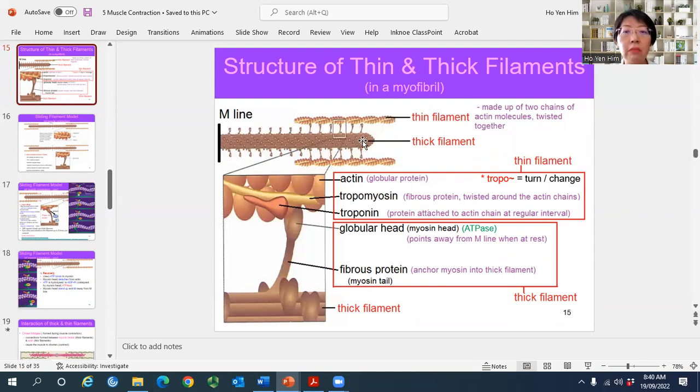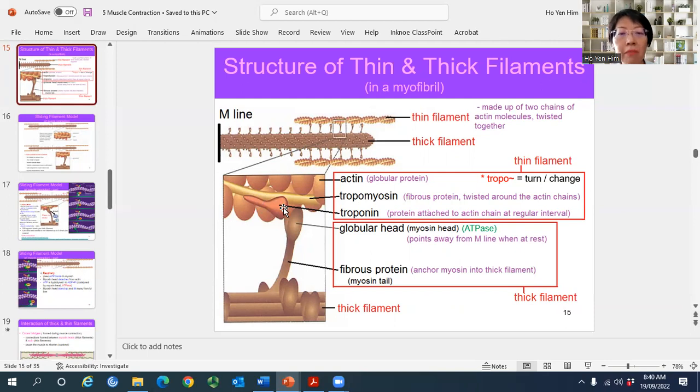So the thick filament is myosin, the thin filament is actin. And this is an enlarged version of the thin filament, which is made of two chains of actin molecules, right? Two chains of them. And then we've got this tropomyosin and troponin. Tropomyosin is fibrous. Troponin looks globular.